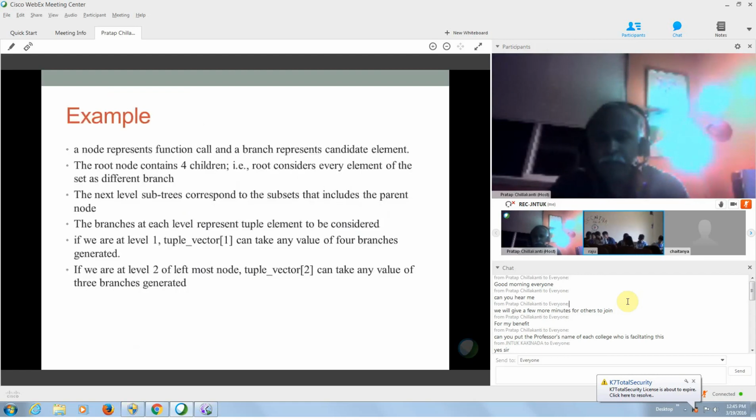You can see what the node represents and what the child represents. The way we drew that is, we said the root node contains 4 children, and from there, once you did W1, you have W2, W3, W4. You build the tree like that.